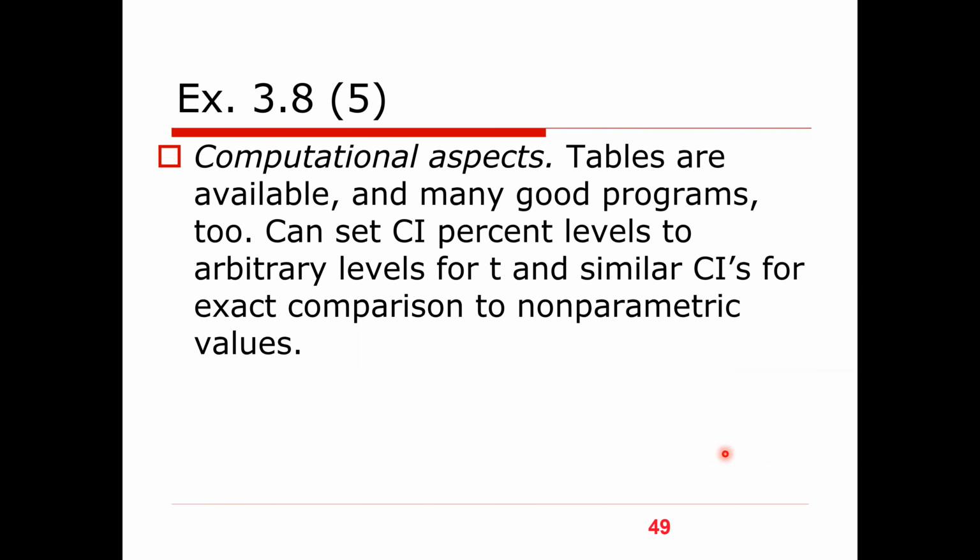So tables are available. Software packages to calculate exact confidence intervals are available. Many programs can set confidence intervals similar to arbitrary values for t and similar confidence intervals for exact comparisons to nonparametric values. So computationally, sign tests usually work out pretty well, but with fewer assumptions.